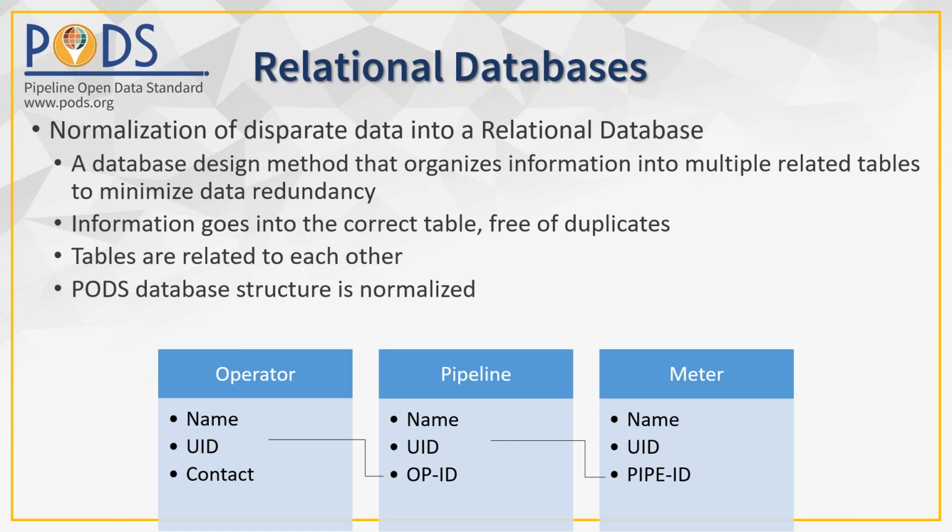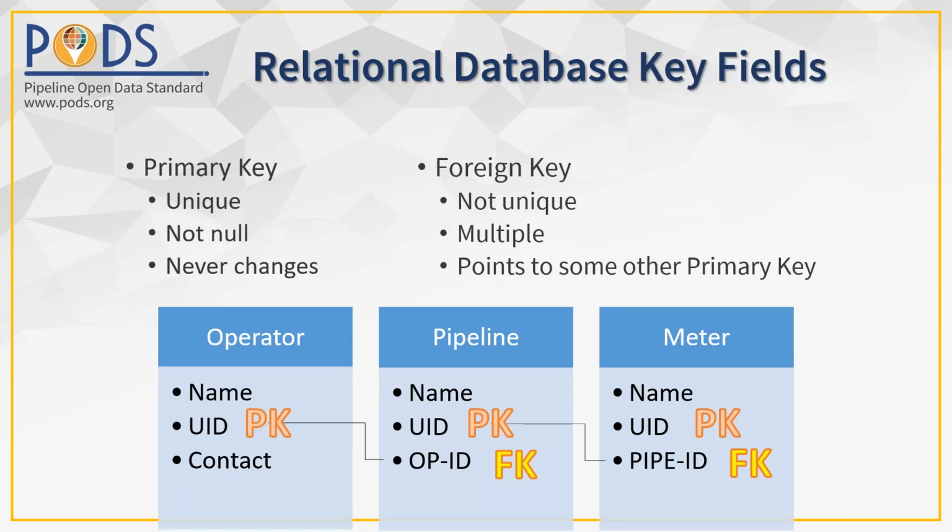In our next slide, we dive a little deeper into this, and we can see a little more about the inner workings of relational databases. You can see the primary key denoted here with the orange PK in the middle of each box. The primary key is a unique ID field.